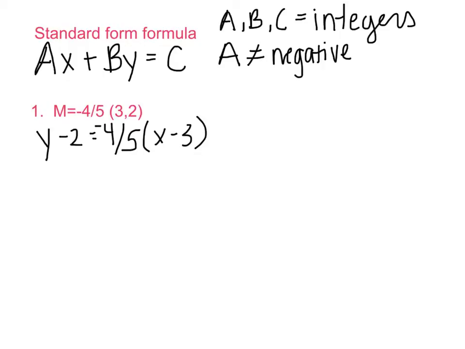Now we want to distribute, so y minus 2 equals negative 4/5 x, and then negative 4/5 times negative 3 is going to be positive 12 over 5.